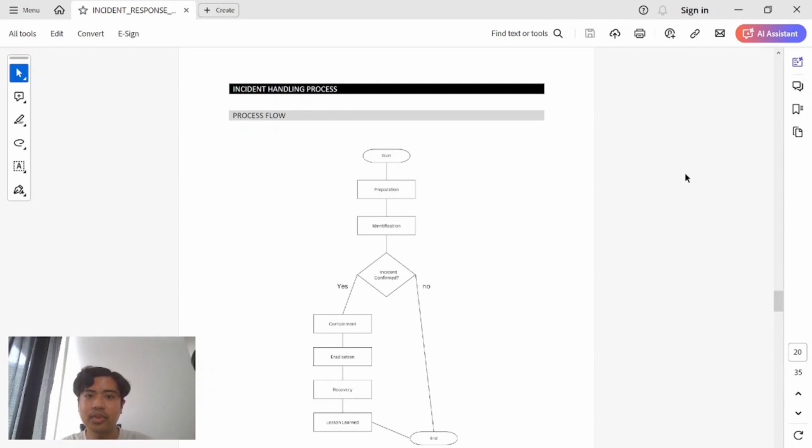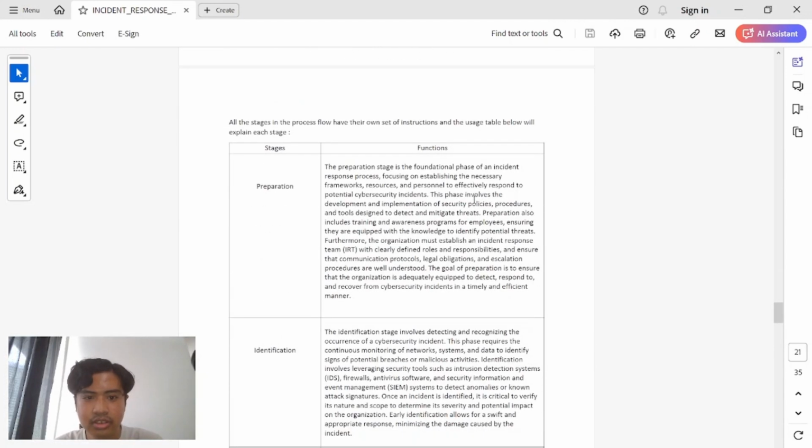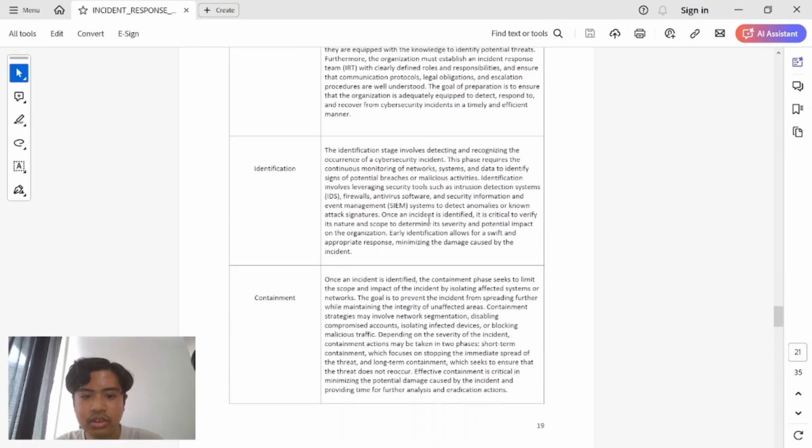The lessons learned stage involves conducting a post-incident review to assess the effectiveness of the response, identify areas for improvement, and incorporate insights into refining security policies, enhancing training, and updating the incident response plan for better preparing against future threats.